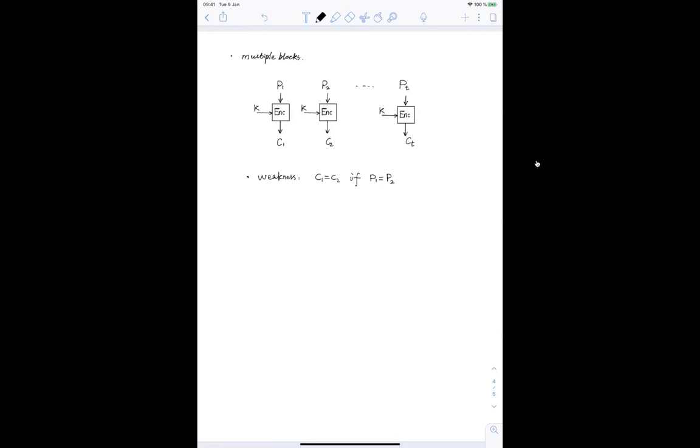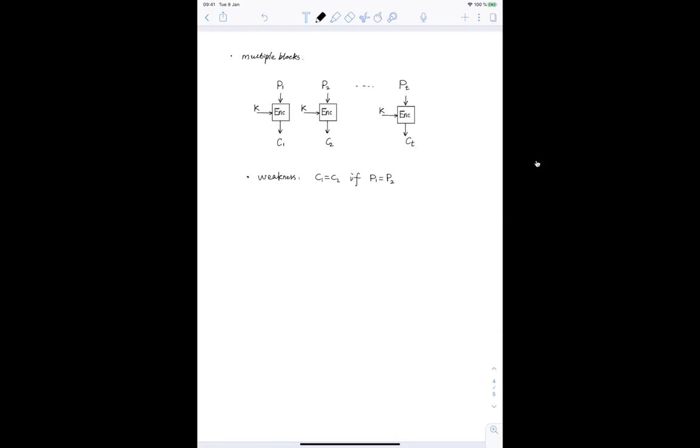And to avoid this type of vulnerability, there are several modes of block ciphers. We prefer the encrypted image to be like the rightmost one, and you cannot tell anything from this image. It's just a randomly generated image. We have several modes for it. One is called cipher block chaining, the CBC mode.